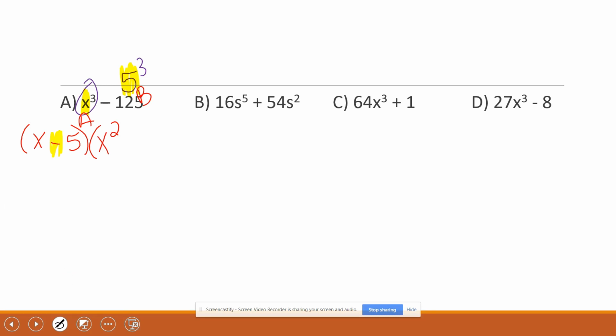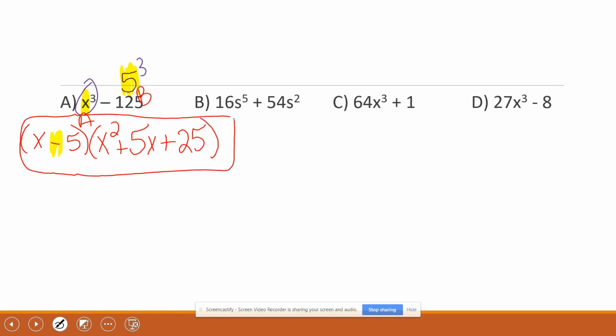So 5 times X is 5X, and that's an adding sign in the formula. And then B squared, 5 squared, is 25. This is the answer. That is factored form.